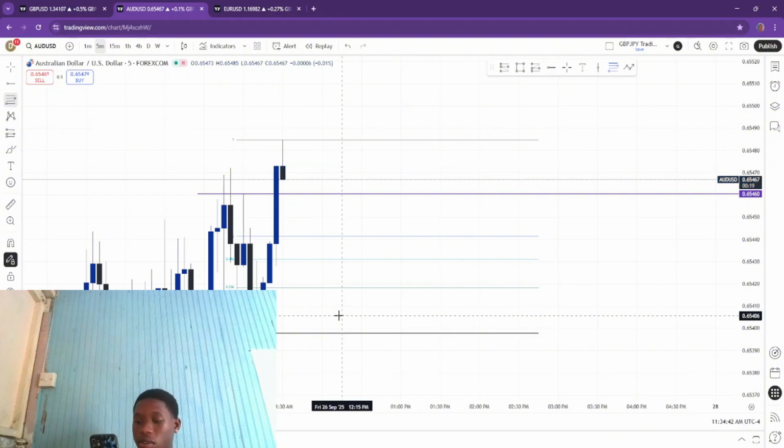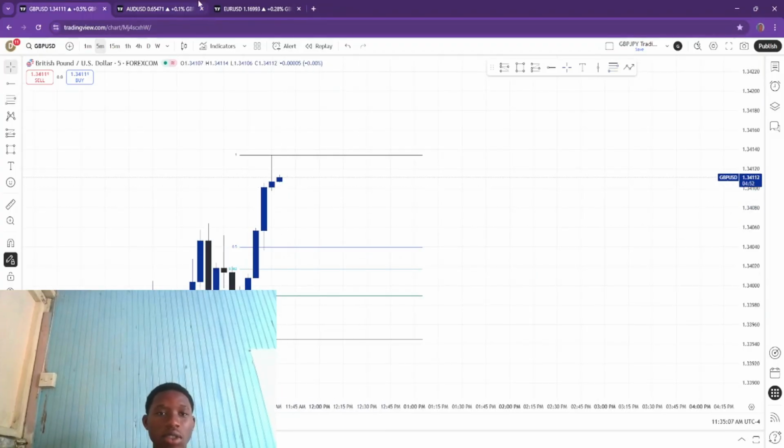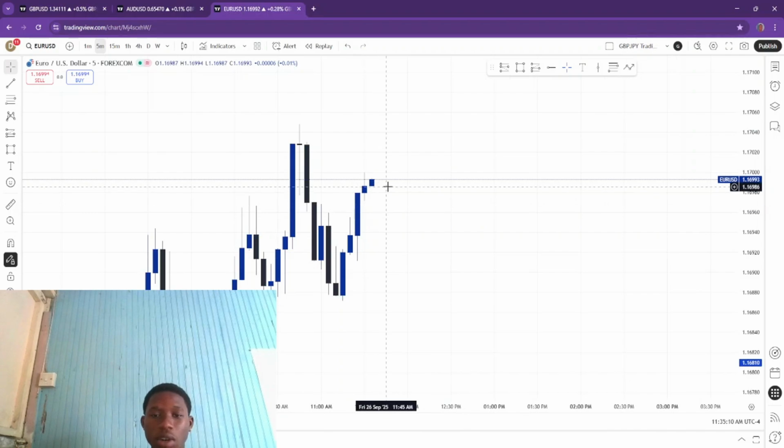See that going down. Okay, so we place a buy limit for AUD USD. Let's look at GBP USD. No, we cannot. Euro USD looking iffy.